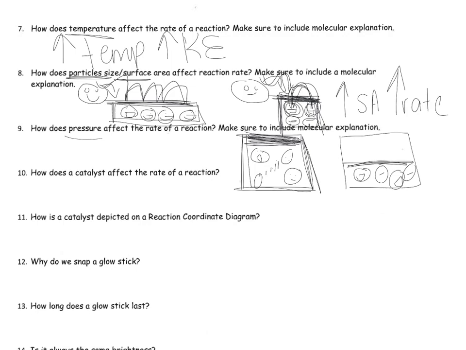I decreased the pressure and I gave them more volume, and so they have more space to move around. So the chances of them colliding are not as great than if I increase the pressure, and if I increase the pressure and I squash them and I put them in a smaller volume in a smaller space, then they're more likely to collide with enough energy in the right orientation to get the reaction to occur.